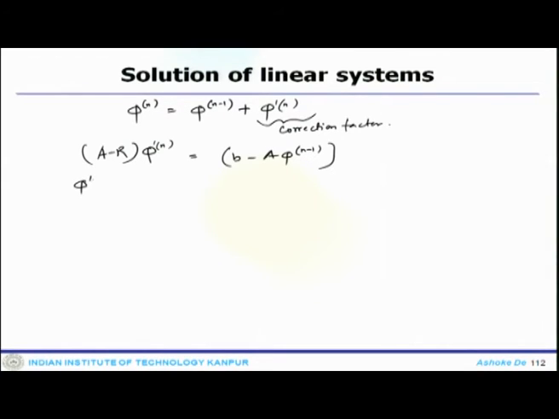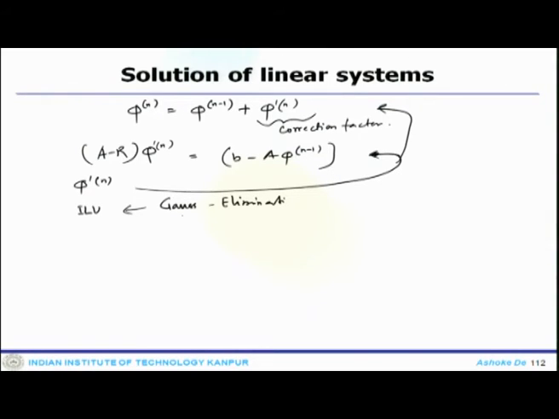Once you get phi prime n, then you can use that value to update the phi n. The ILU factorization can be performed using the Gauss elimination process, while some dropping of diagonal elements at different locations.